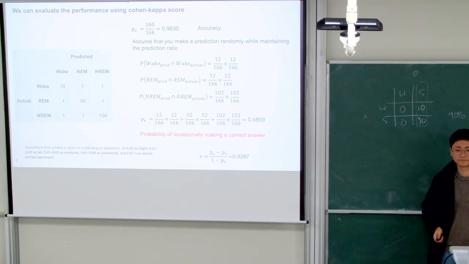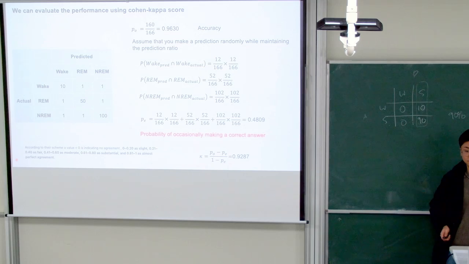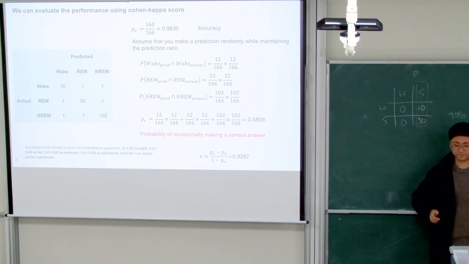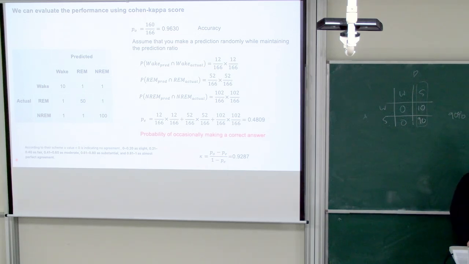That is 1 minus PE. And then kappa becoming 0.5 means kappa is half of that. So compared to the maximum improvement, we can achieve half of it. That is a kappa value of 0.5. It's a pretty good quantity because it gives an image.